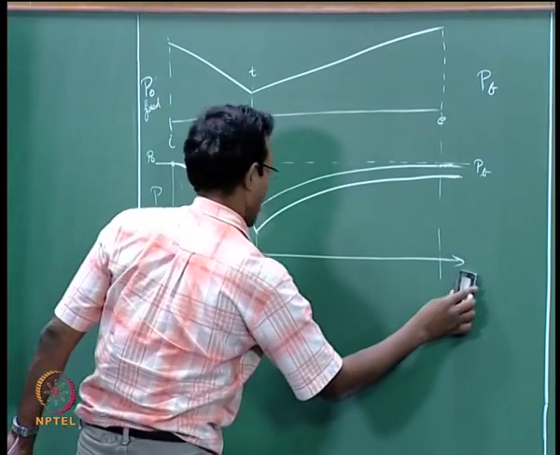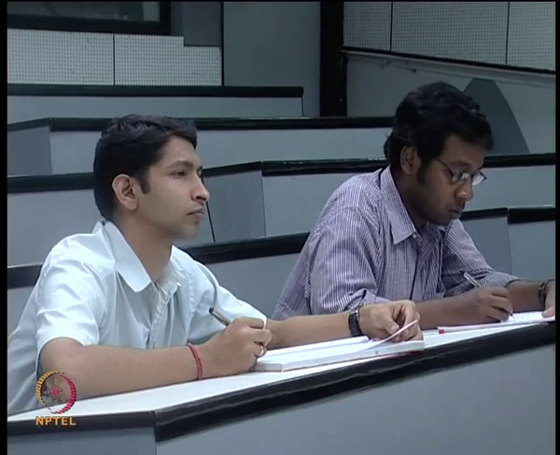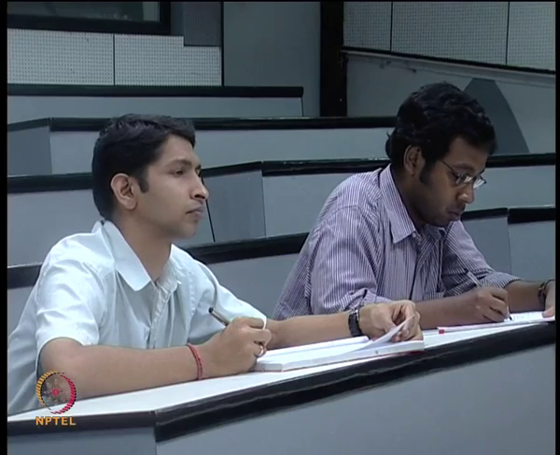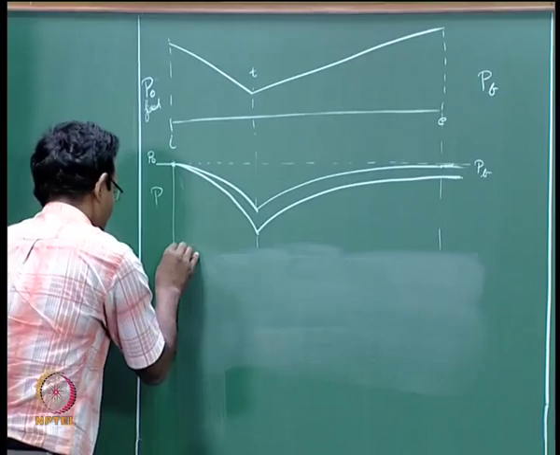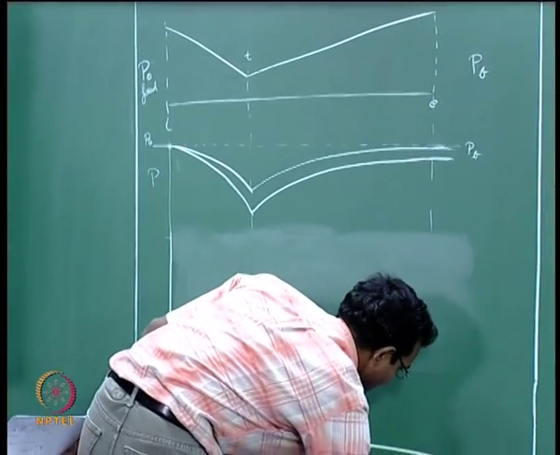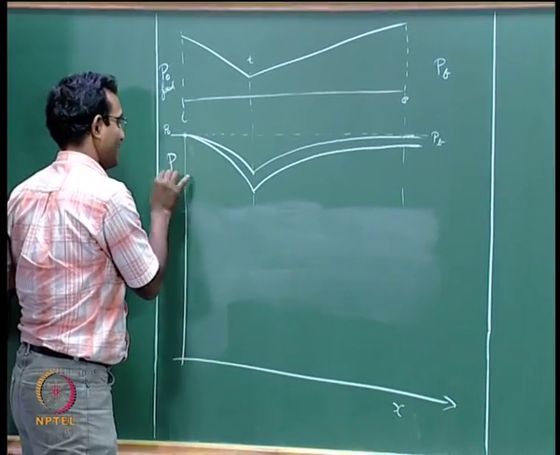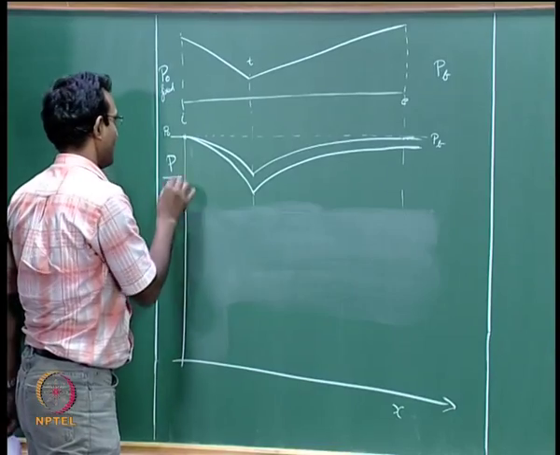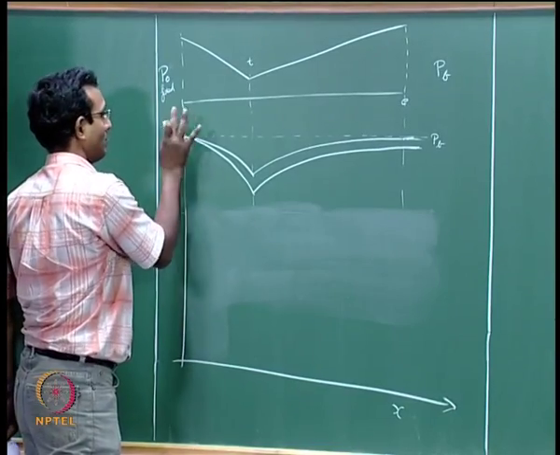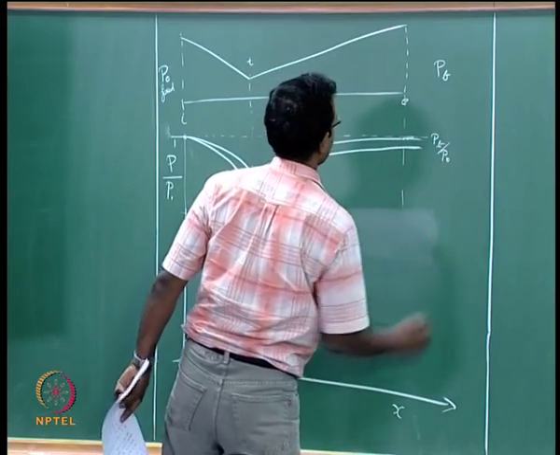I will go back to the board and extend the plot further below. This is again my location x. And here we are normalizing P to P0, we will keep it that way, in which case this will become 1, that is it, no difference. Pb by P01 is what I am changing.